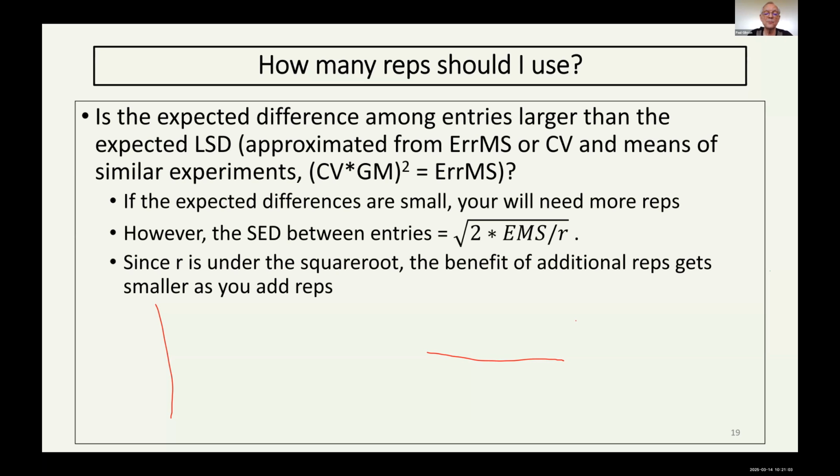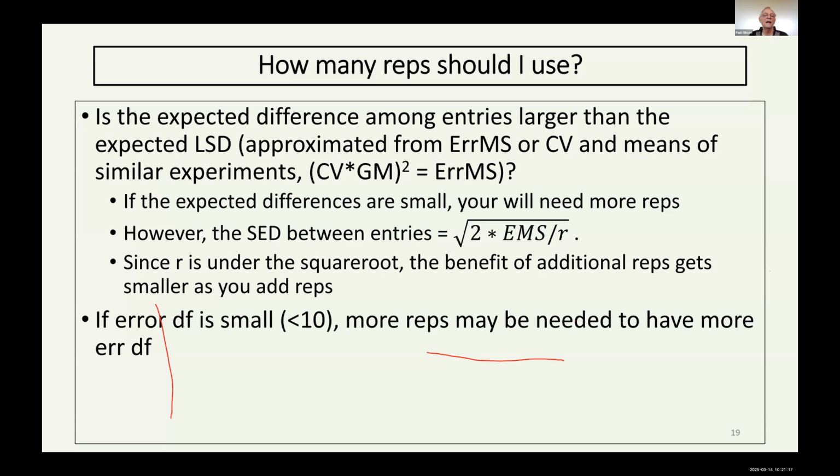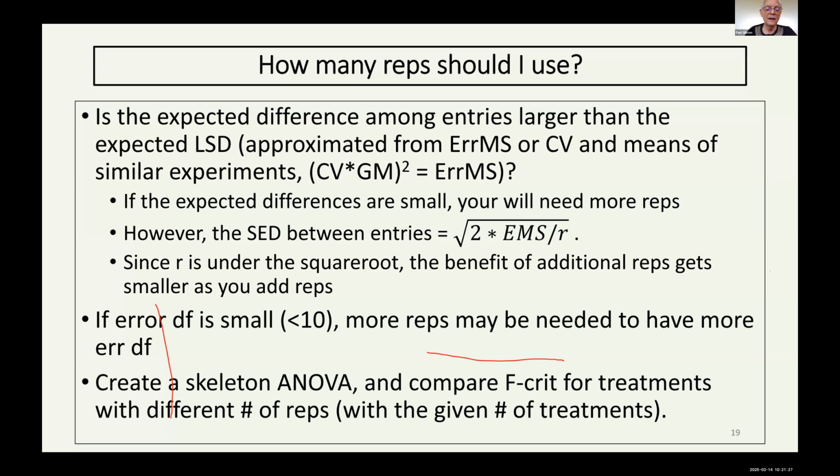SED between entries is lowered by more reps, but the benefit of additional reps gets smaller as you continue to add reps. And if error degrees of freedom is small, more reps may be needed to have more error degrees of freedom.